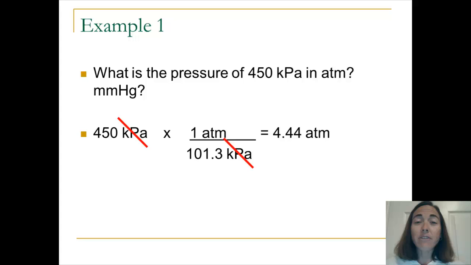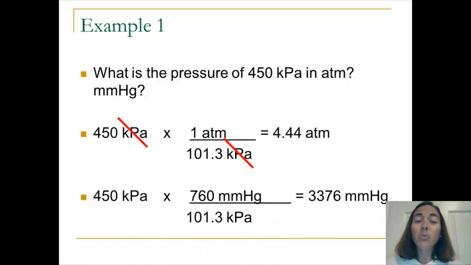Let's see if we can convert that same number to millimeters of mercury. I want you to recognize this pattern. We are going to set up a conversion factor again. So I wrote down the given, 450 kilopascals, and then I set up the conversion with those standard pressures. I want millimeters of mercury on top, and that standard pressure is 760, and I need kilopascals to cancel out.